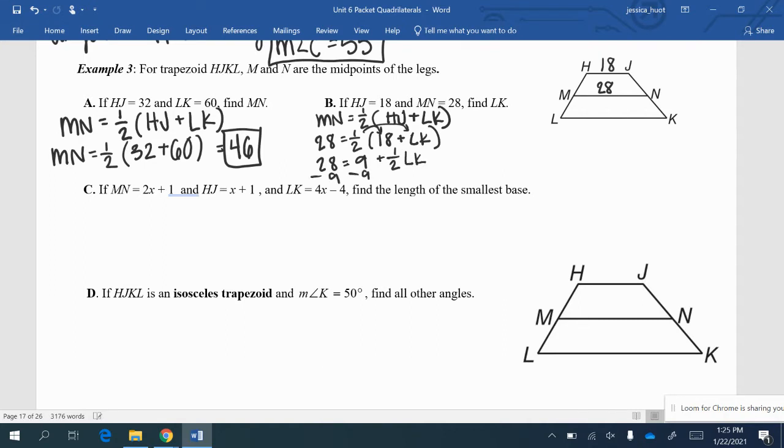Subtract 9, I'm going to receive 19. And then you can either divide by 1/2, and if you do, make sure 1/2 is in parentheses, or you can multiply this whole thing by 2, because 2 times 1/2 is 1. So 19 times 2 is 38. So LK would equal 38.